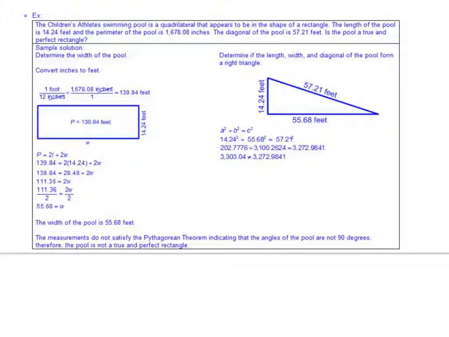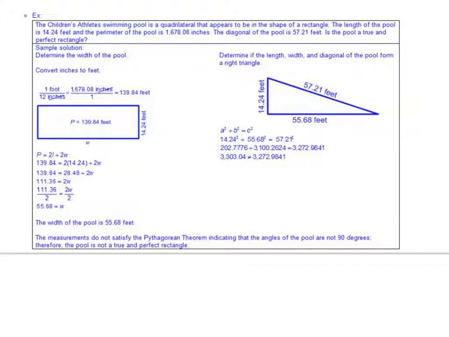The length of the pool is 14.24 feet, and the perimeter of the pool is 1,678.08 inches. The diagonal of the pool is 57.21 feet. So that means if we cut this right here, we will get this.